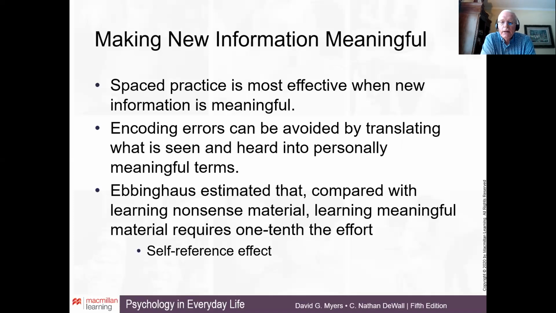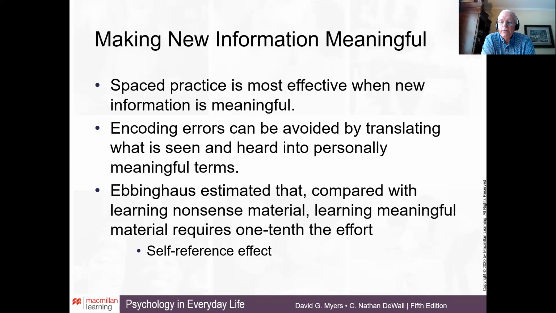And finally, we need to make new information meaningful. An important way of making new information meaningful is to be able to relate new things that we're learning to things that we already know or have experienced.